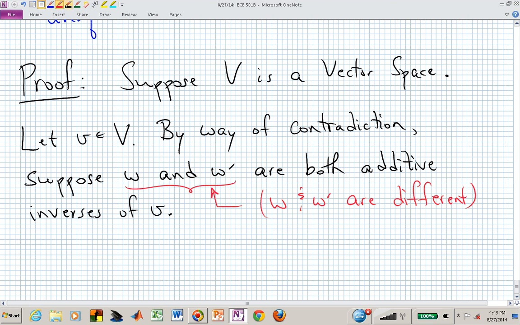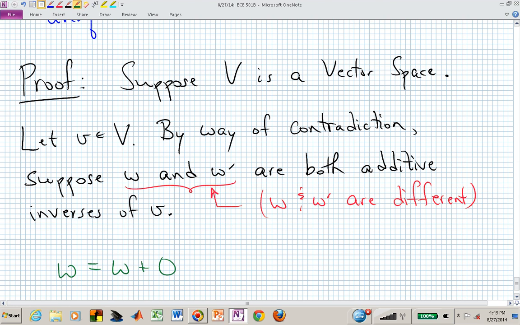Let's now look at W. W is W plus 0. What's 0? Scalar or vector? It's a vector, isn't it?